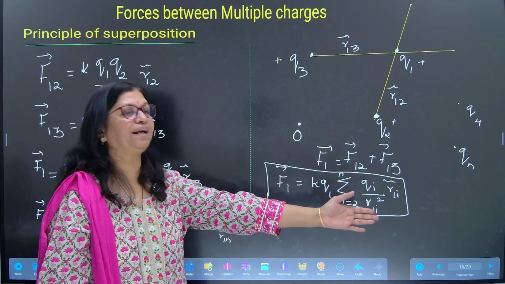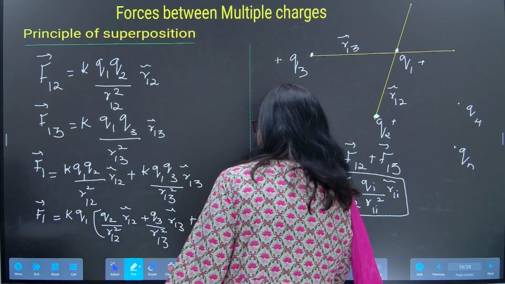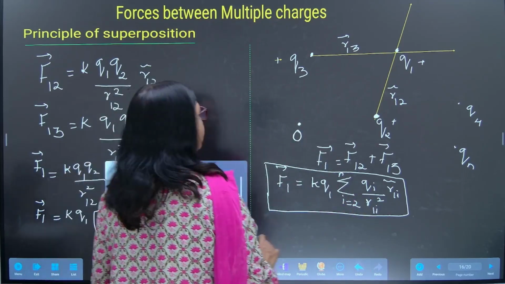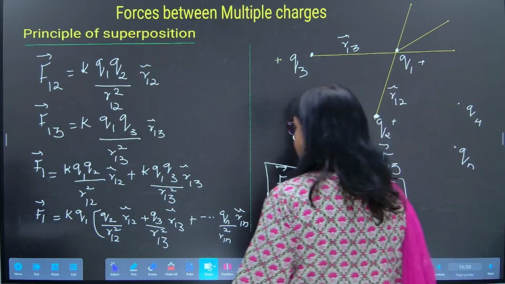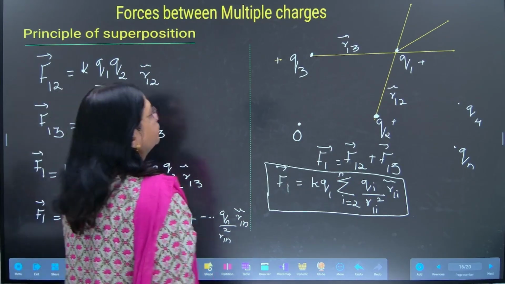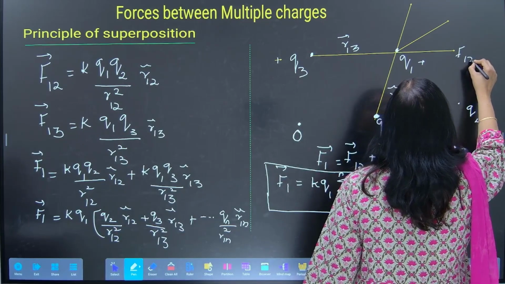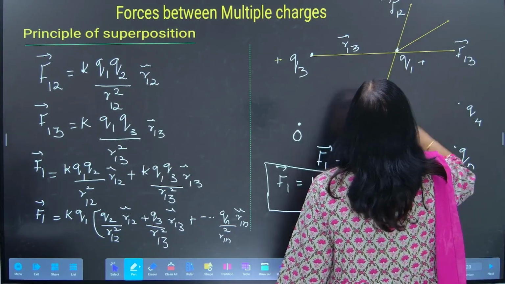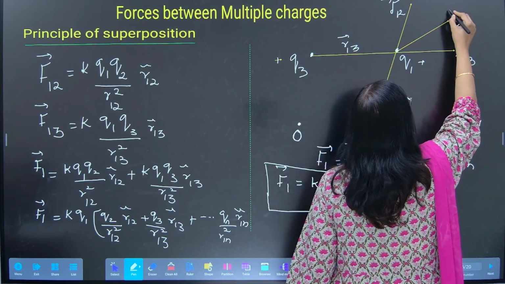Now how to add this vectorially? We have to use the parallelogram law of forces which we learnt last year and find the resultant of these forces. So let us name these as F13 vector, F12 vector, such that the resultant of these two forces is F1 vector.